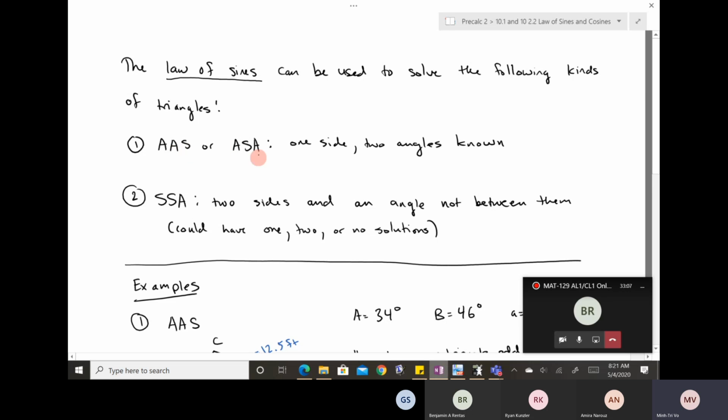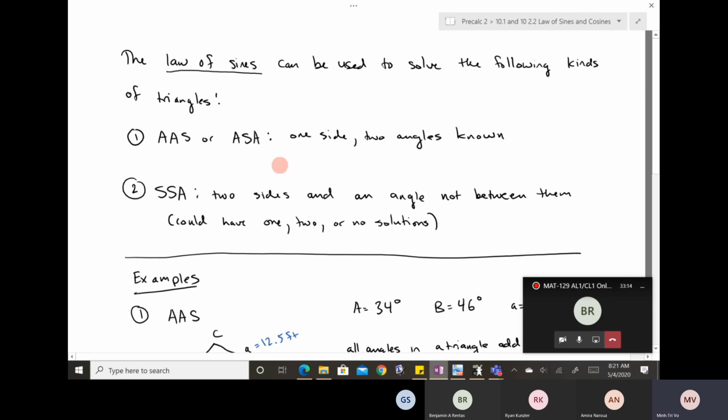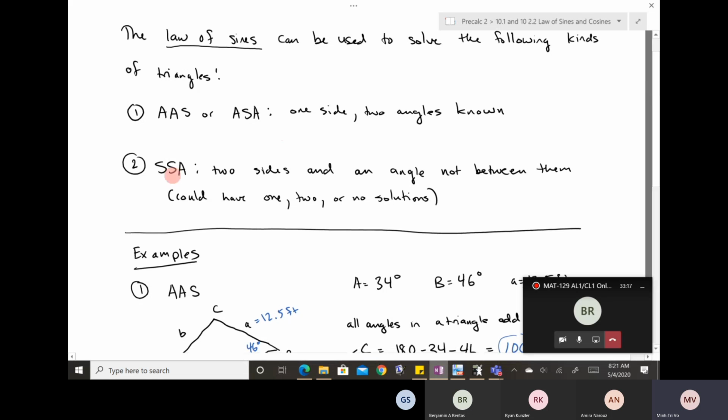If you know one side and two angles, then we can use the law of sines. The other situation is an SSA triangle, side, side, angle, where you know two sides of the triangle and one of the angles that is not between the two sides.